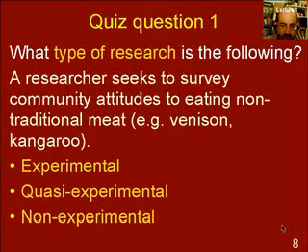Alright, so let's have a little quiz here to see whether you can apply these three types of research to some different research scenarios. So what type of research is the following? Experimental, quasi-experimental, or non-experimental? A researcher seeks to survey community attitudes to eating non-traditional meat, such as venison or kangaroo.